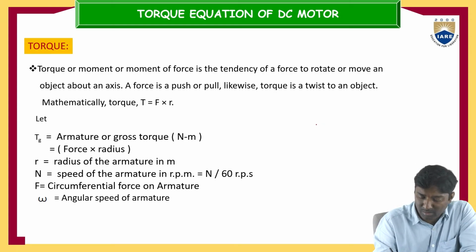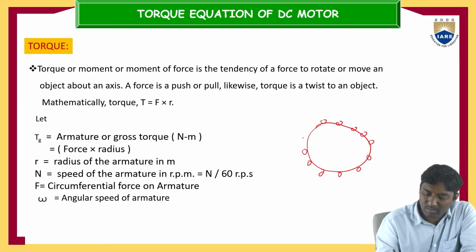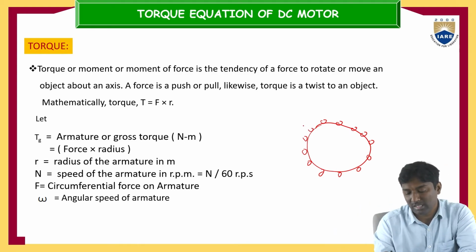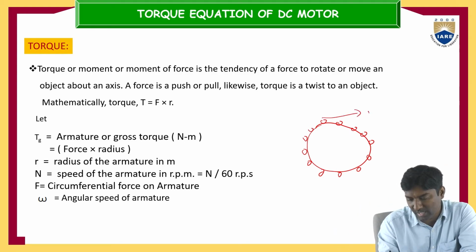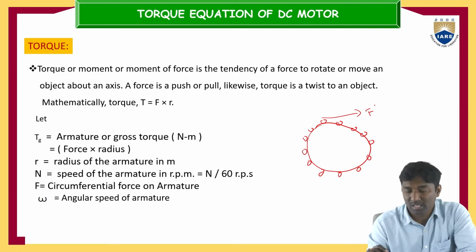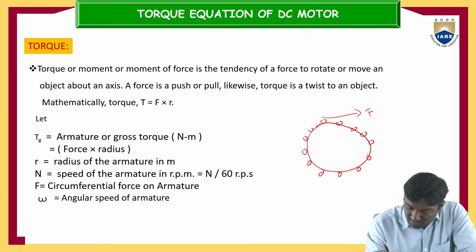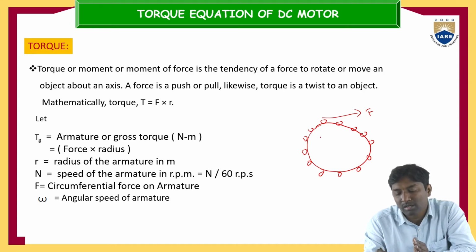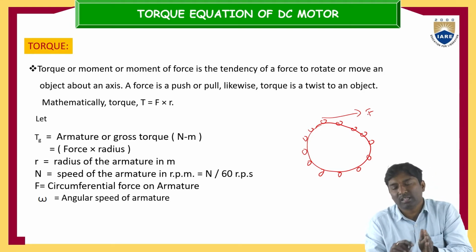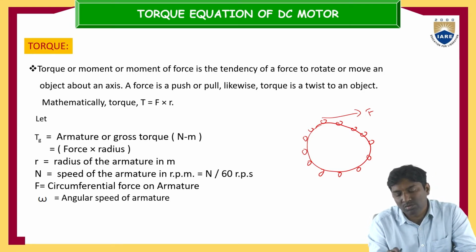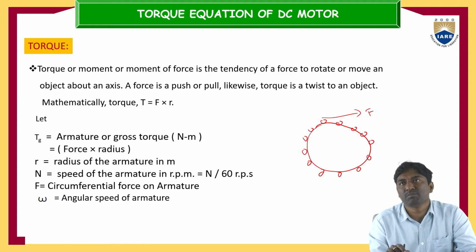For example, this is the armature winding. These are conductors placed here. Then some force will be applied on this. So then what will happen? If you apply the force here, this conductor will move from one position to another position, means some distance will be moved.